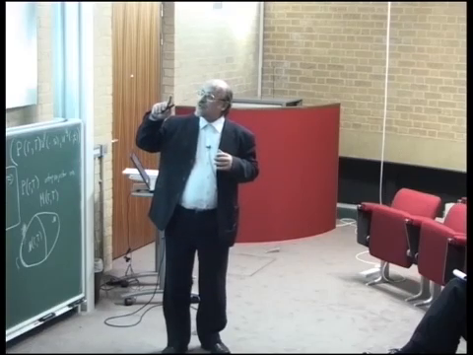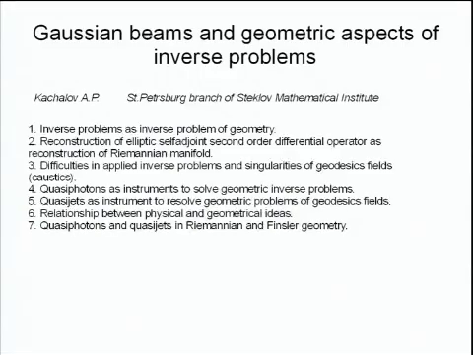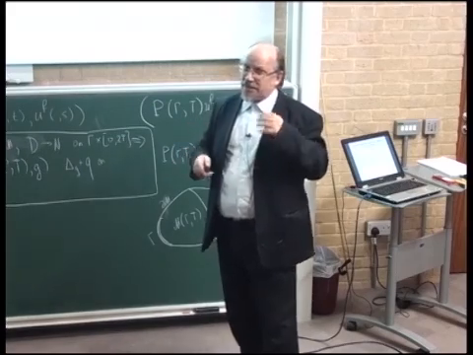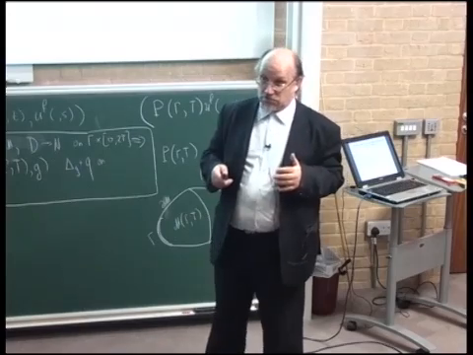Such instruments, I want to say, are so-called Gaussian beams. There are in fact two types of Gaussian beams. I will say about this somewhat later. And the third idea which I want to discuss today is the following: that till now, most of the inverse problems related to Riemannian geometry.